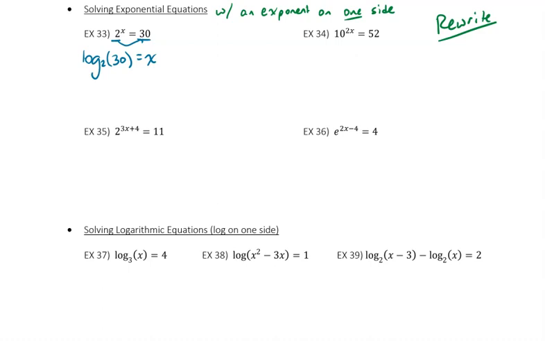The cool thing for this one, x is already isolated. That's actually our answer. Now, for our purposes in this course, that answer doesn't really mean a lot. Log base 2 of 30, I'm pretty sure most of you can't do that in your head. So what we're going to do is just plug this into our calculator and get an approximate answer.